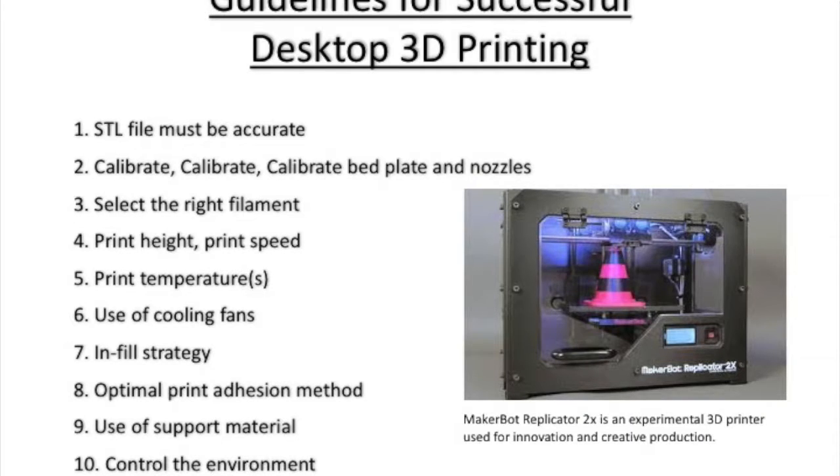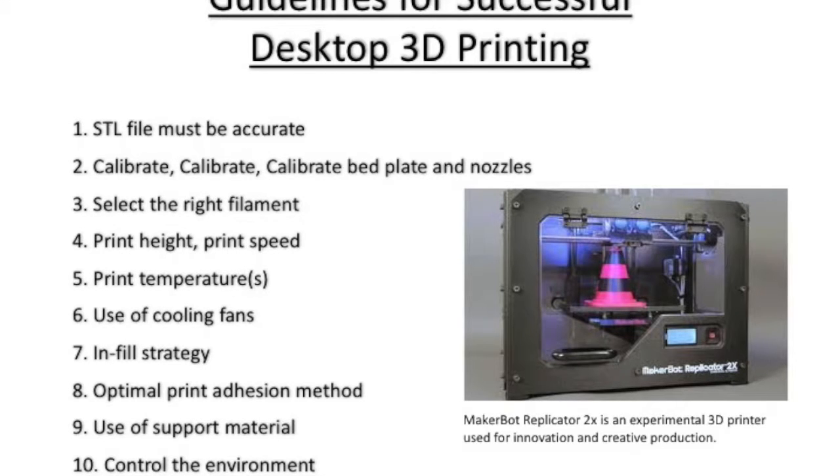Given that we know a little bit more now about the type of 3D printable design files we can make, software that we can use to make 3D models, and some of the terminology used to create the 3D models or the tangible form of the 3D print, I also want to provide some guidelines for successful desktop 3D printing using the MakerBot Replicator 2X.